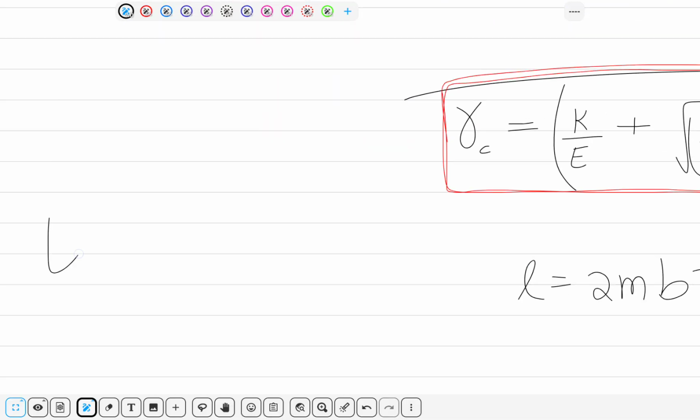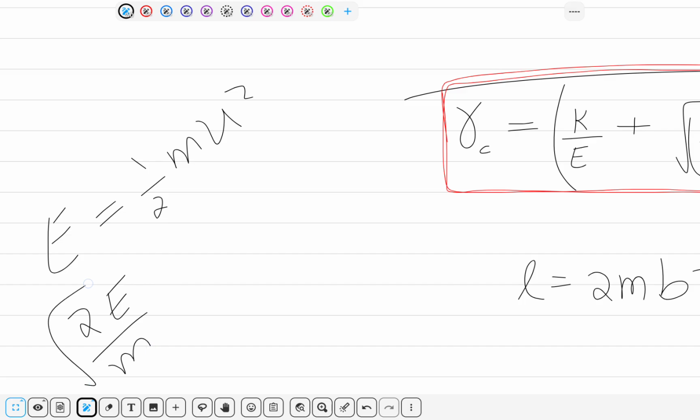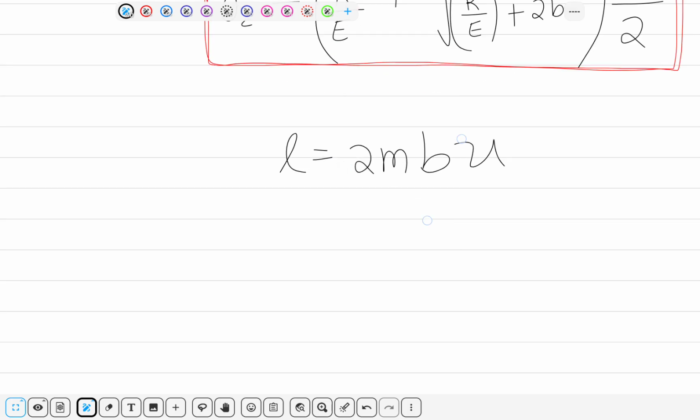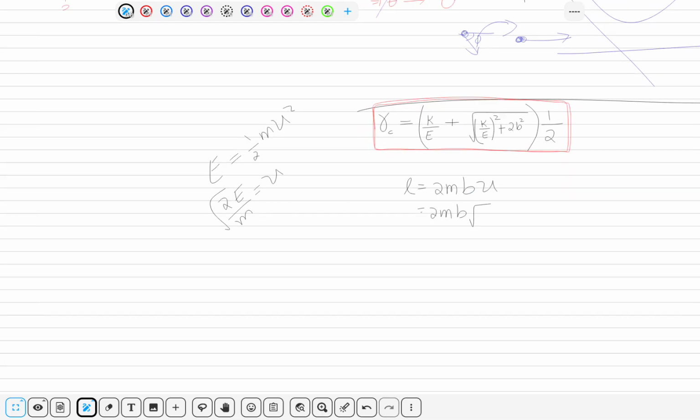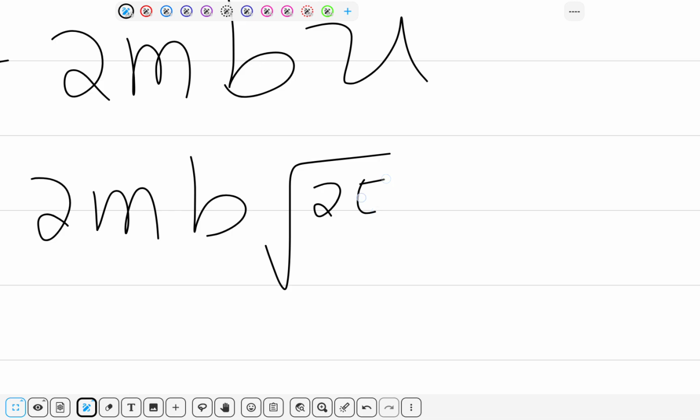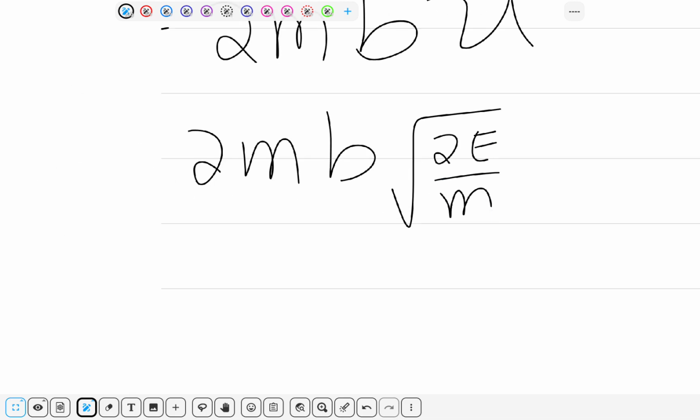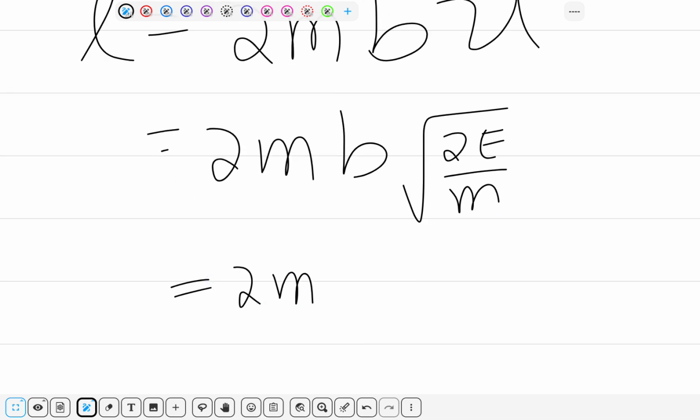So my kinetic energy is just E, so half mu square, so 2E by m square root is your U. So this is m times 2 m b square root of 2E by m, so it is equal to 2b square root of 2 m E.